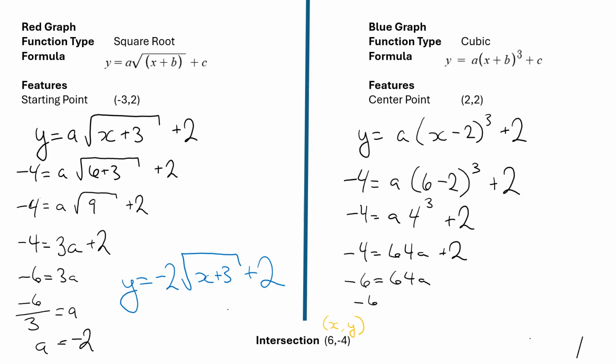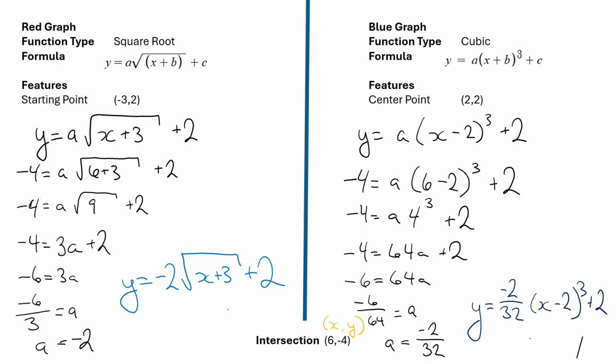Negative 6 divided by 64 equals a, and therefore a equals negative 2 over 32. So my equation is y equals negative 2 over 32, all times (x minus 2) cubed plus 2.